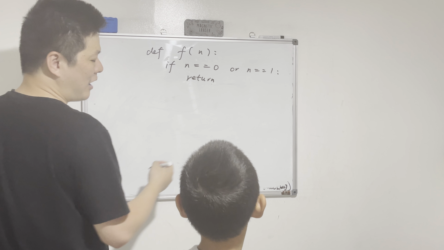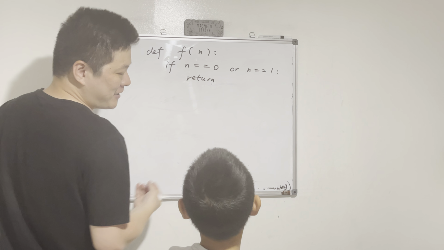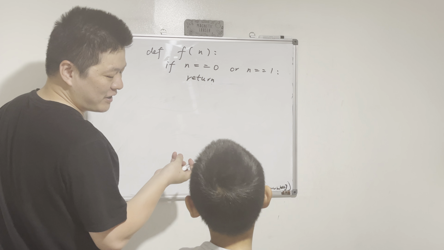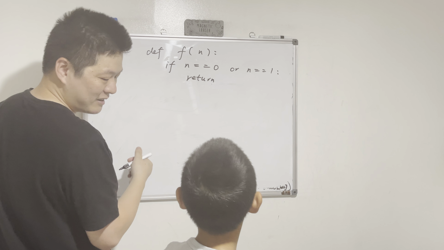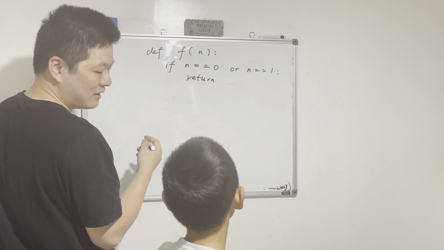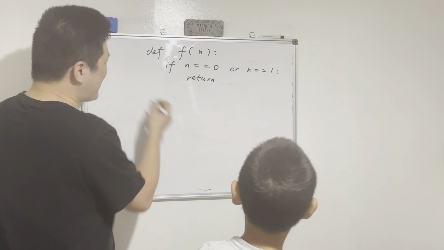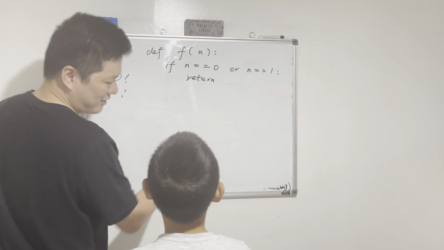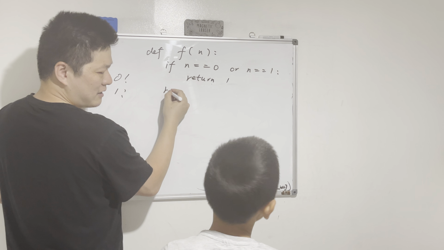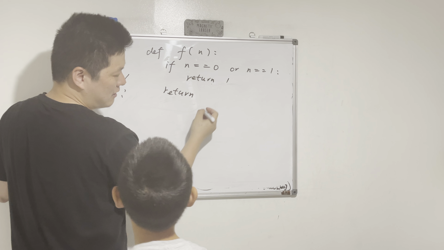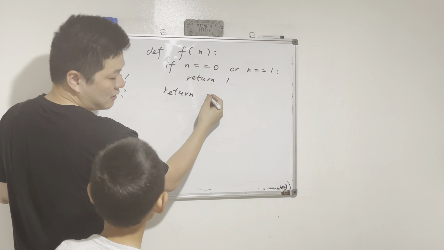False? No? What's the value of factorial? F0 factorial and 1 factorial. What's the return? Return the integer. What's the value of 0 factorial and 1 factorial? Come on. 1. Return what?